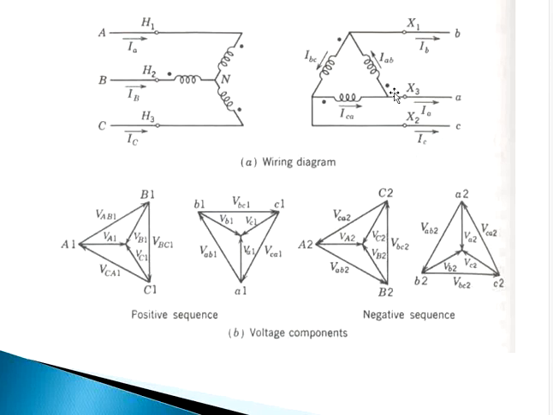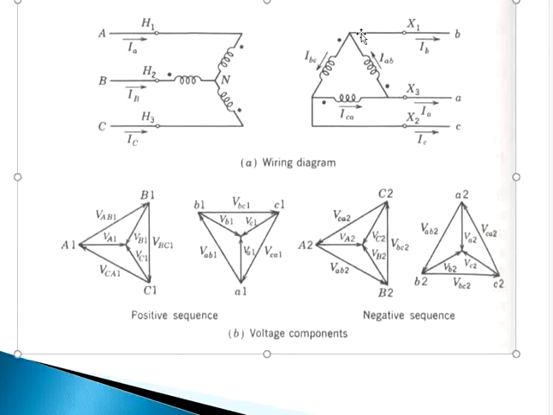This point is A, this point is B, and this point is B, and this point is C, and again this point is C, again this point is A. So what I assumed is that current is entering here.